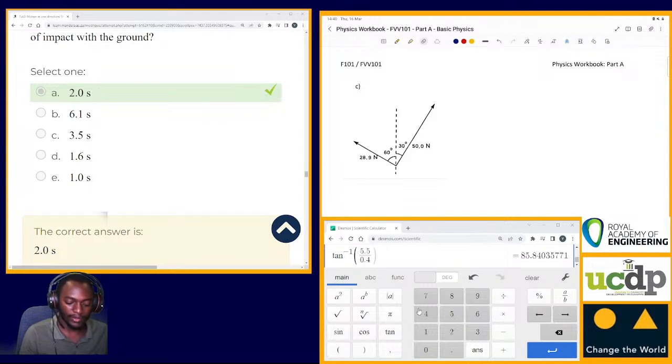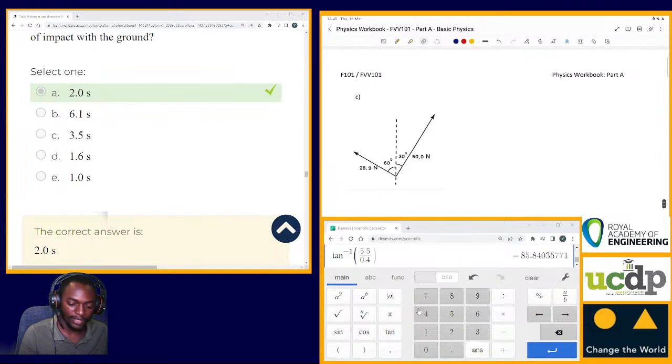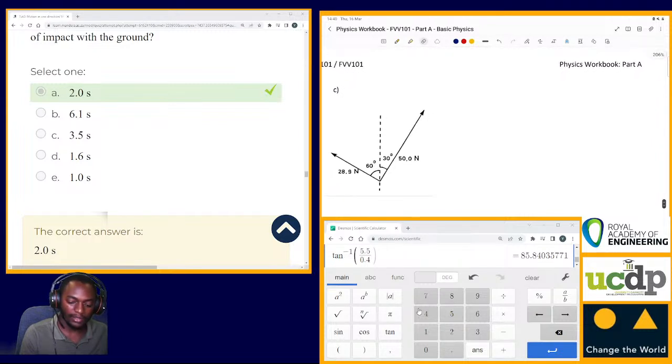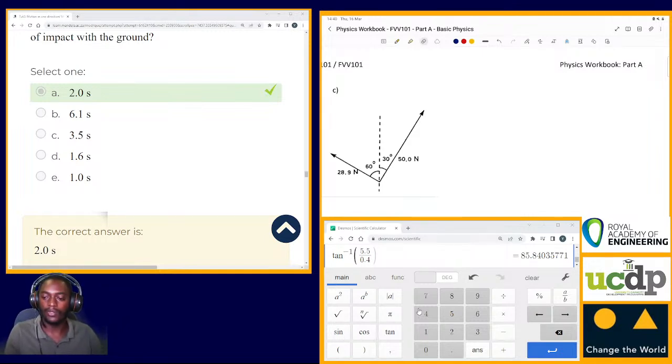The very important part that we're interested in is the resolving, because you need the resolving concept in the coming topics. So make sure that you master the concept of resolving, okay? So that it won't give you challenges.